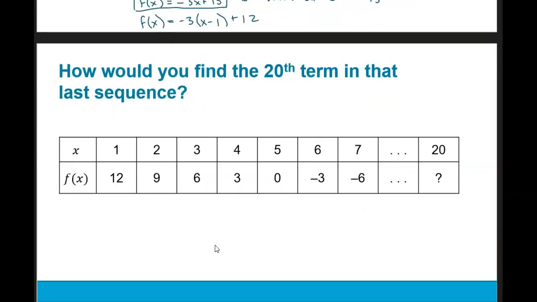So how would we find the 20th term in that last sequence? We found an equation. Can we use that equation? Let's see, our equation was f of x equals -3x plus 15. Can we use that to calculate the 20th term?